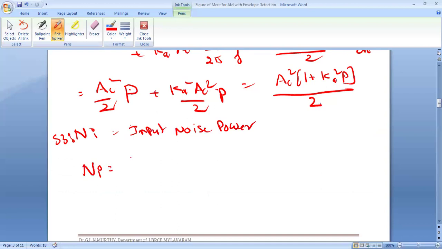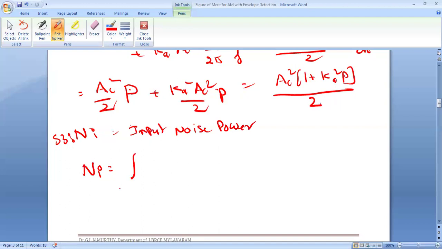So Ni is the input noise power or the channel output noise power. Remember, both are the same. Ni can be called the input noise power to the receiver, or it can also be called the channel output noise power.